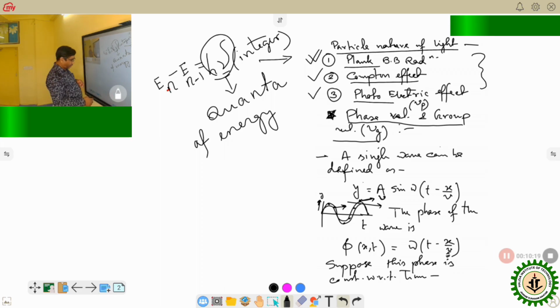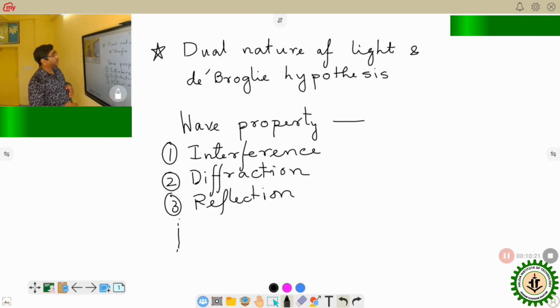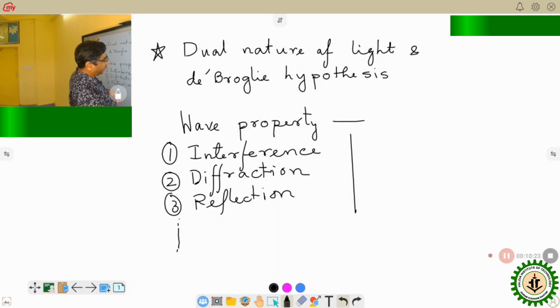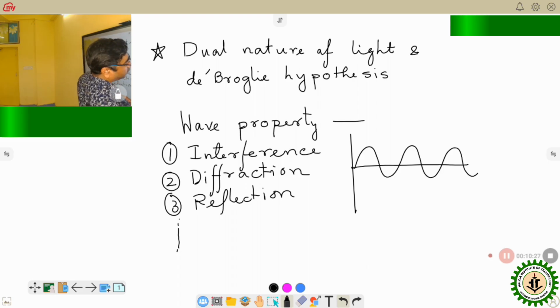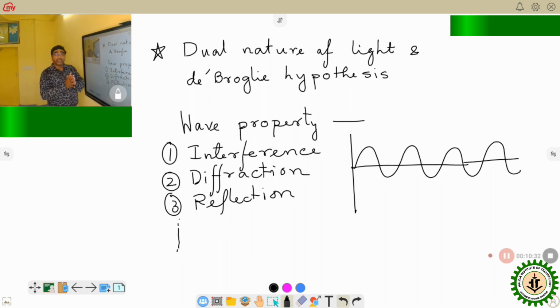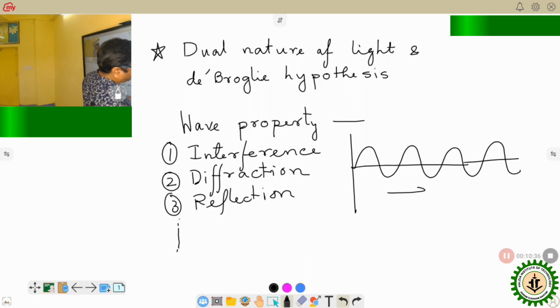That means an ideal wave is nothing but an infinite extent wave train having gradual crest and trough, and it is spread over space and also time.